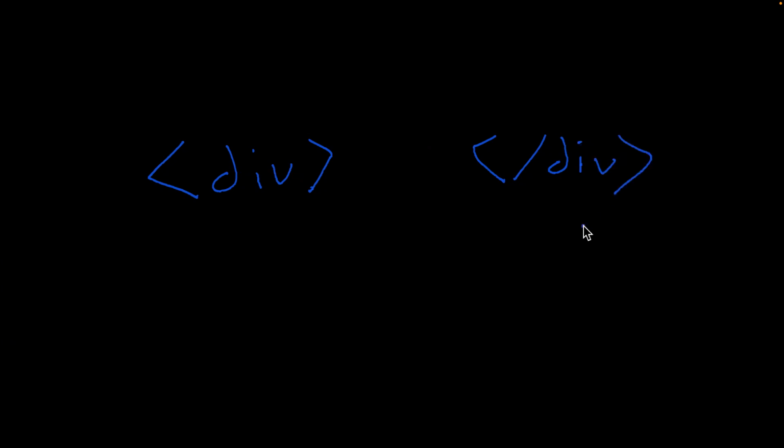Anything that we want this div to contain, the certain division on the page, box or square, we want to go in here. This opening has a closing as well. So it divides the page by a certain section, and that division that we create must have an opening and a closing.